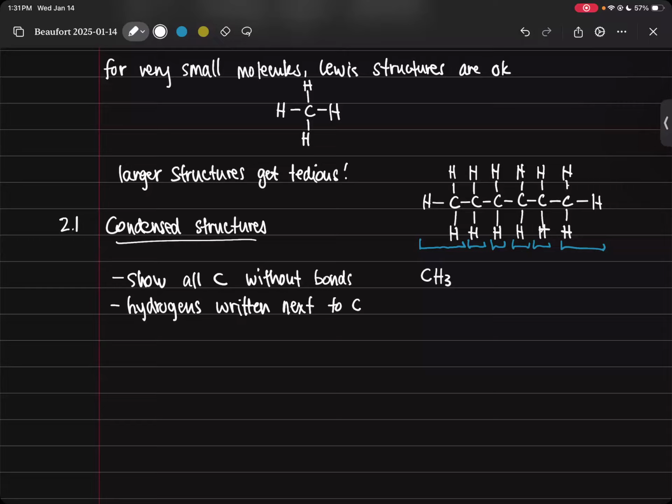Carbon with 2 hydrogens, you see where this is going? It's going to be CH2, CH2, CH2, CH2, 1, 2, 3, 4 CH2 groups, and then a CH3 on the end.